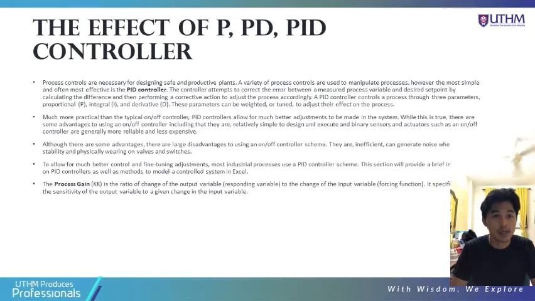The controller attempts to correct the error between the measured process variable and the desired variable, calculating the difference and then performing a corrective action to adjust the process accordingly. Much more practical than the typical on-off controller, the PID controller allows for much better adjustment to be made in the system.